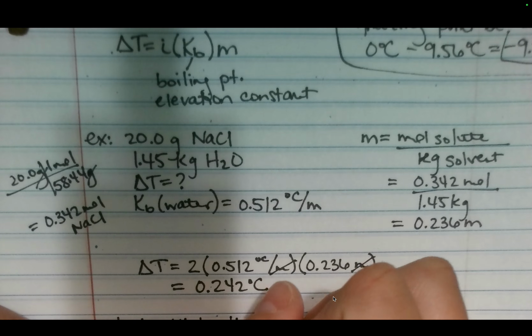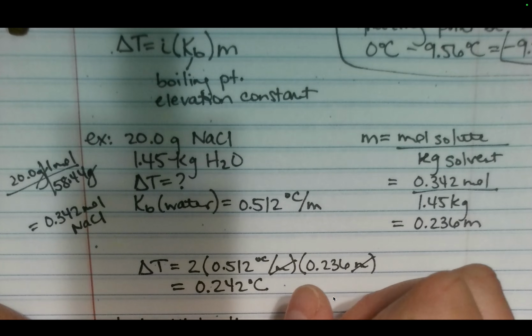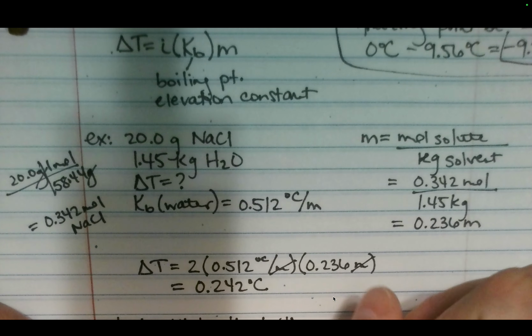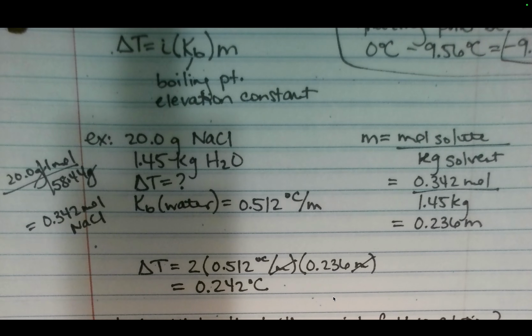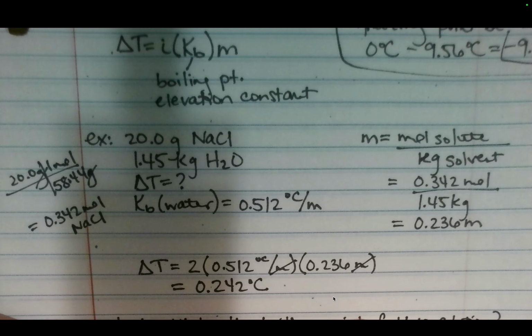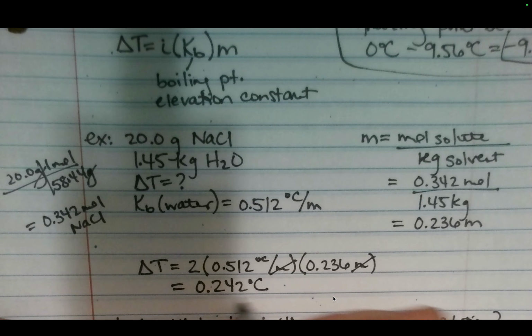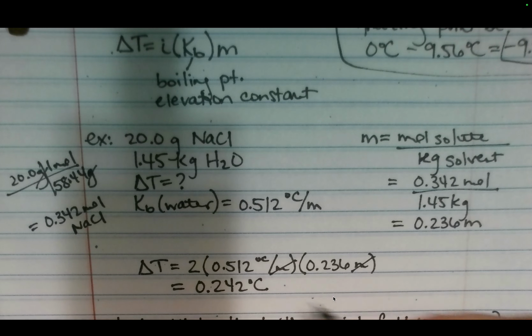Okay, so if the question asked, what will be the boiling point of this solution? What's your normal boiling point? 100 degrees Celsius. Plus, what's your boiling point elevation? How much is it changing?